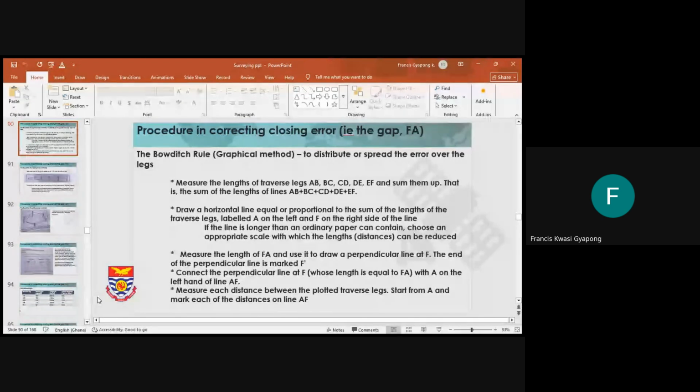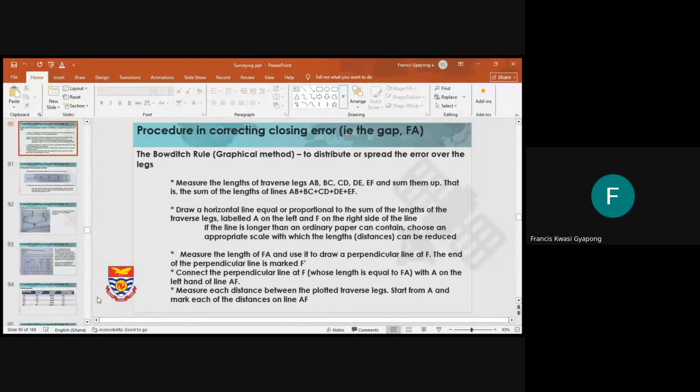What did you get? 2.2. 2.3. Okay, 2.2, around the same. Okay, that's correct. Let's move on. So you record DE equal to 2.3. In my case, record yours.